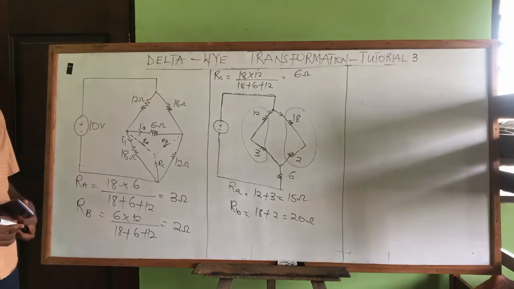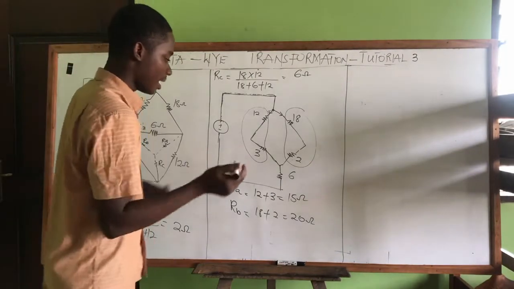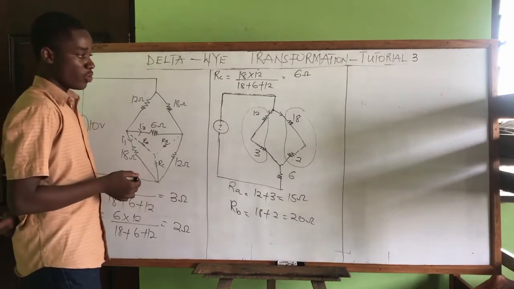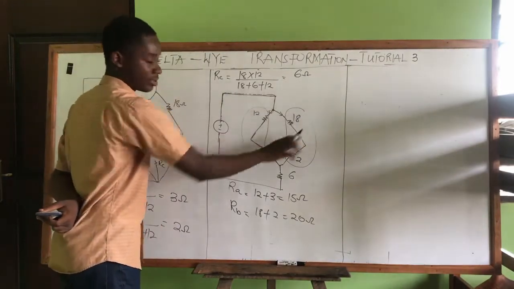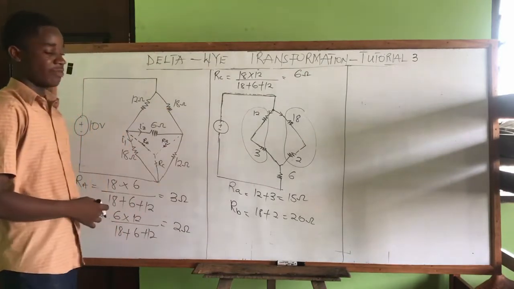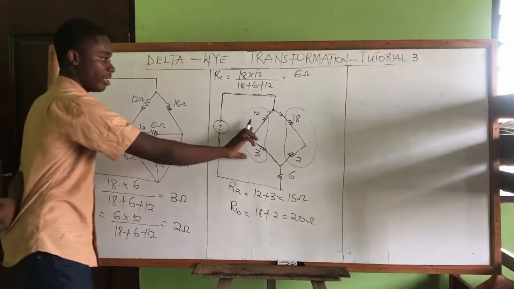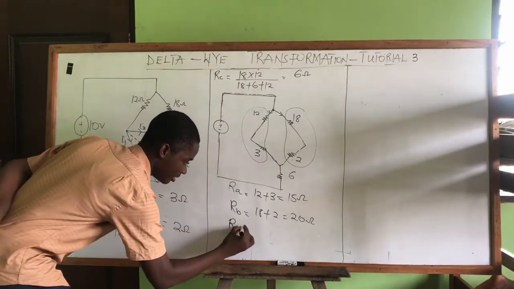So let's draw our circuit and get our values. But we can do it straightforwardly here. We know that the RA we have here will be in parallel with the RB, so we can just calculate and save some space. RA parallel with RB, let's call it RC.